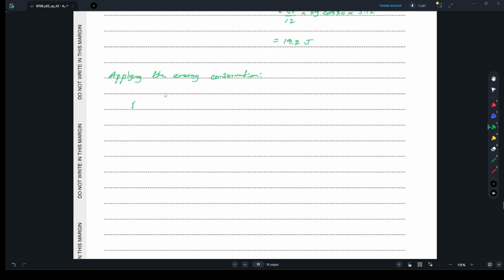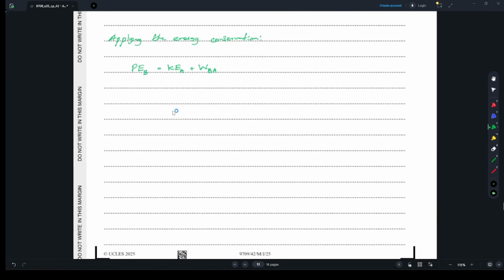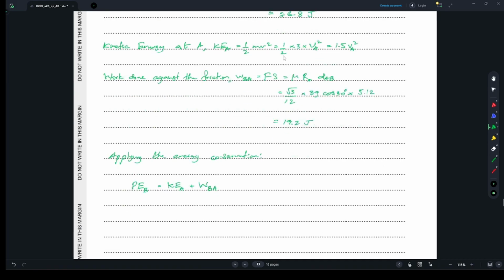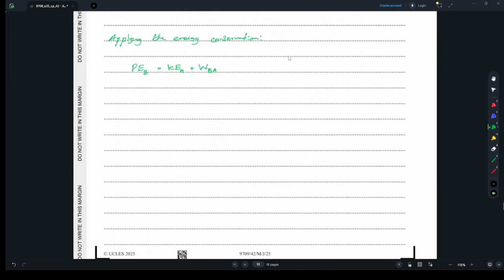Initially we had the potential energy at point B. All that energy transferred into the kinetic energy at A plus the work done when it is moving from B to A. So the potential energy was 76.8.